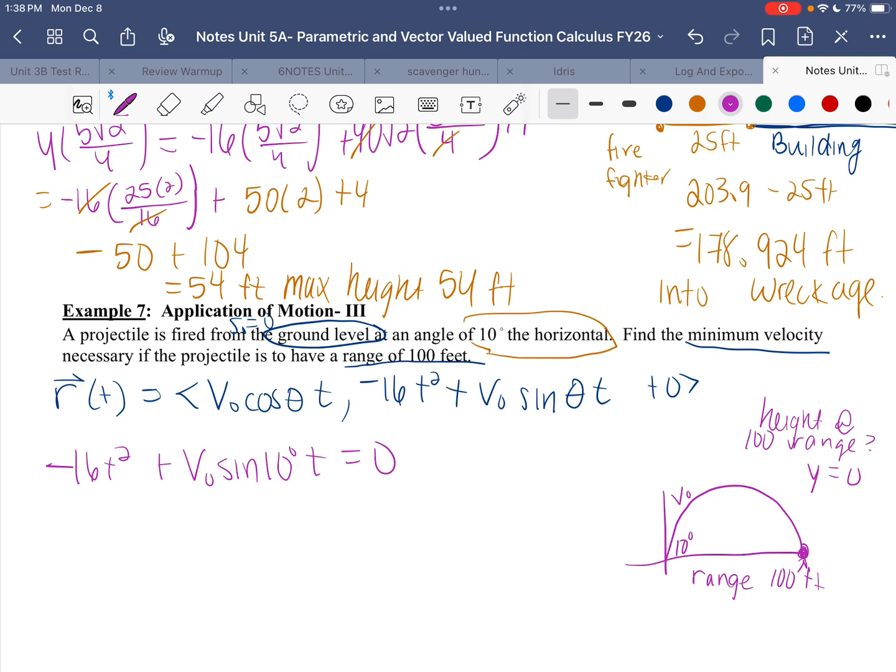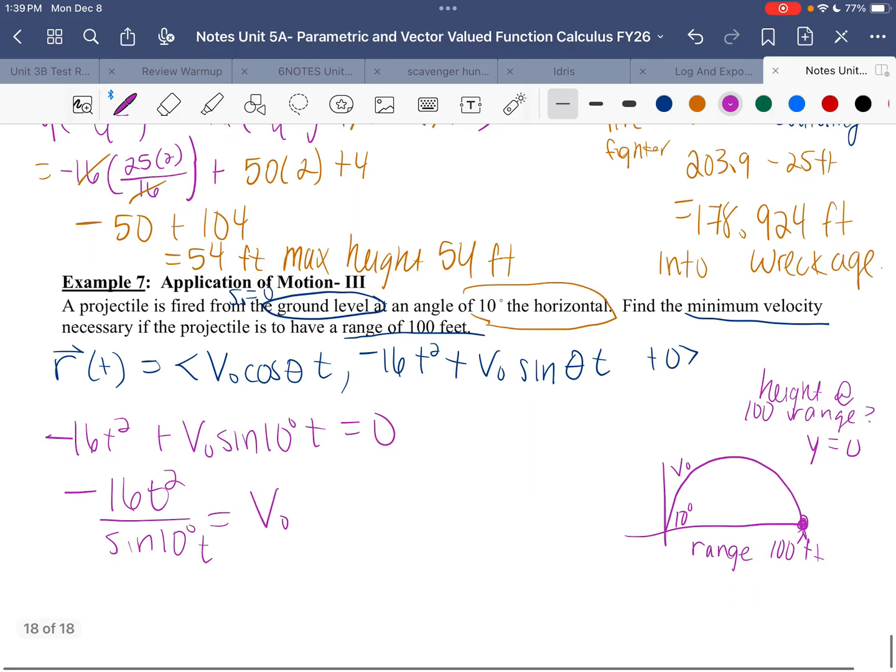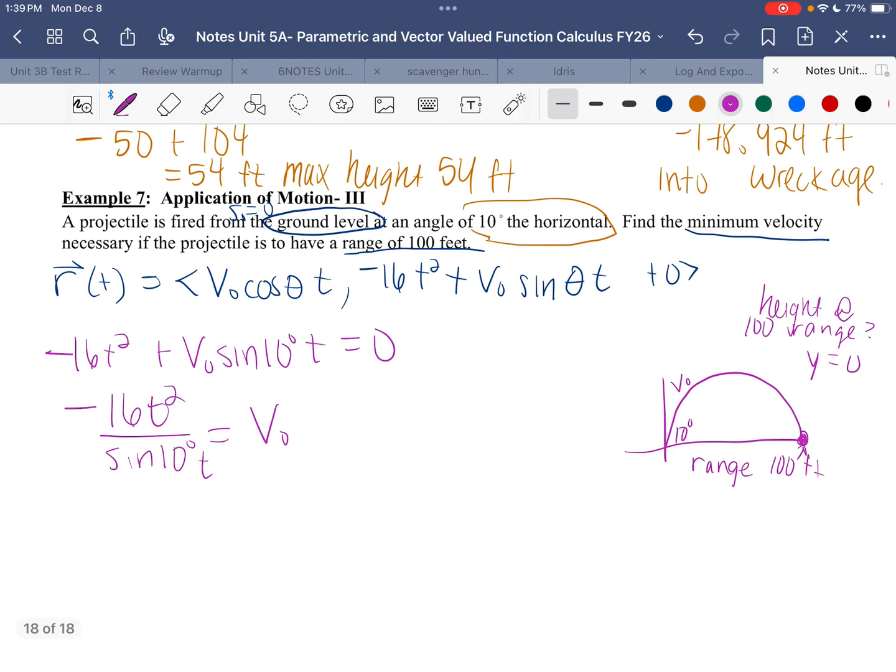Solving for V naught. And then we also are saying V naught cosine 10 degrees t should be equal to 100. Solving for V naught again.